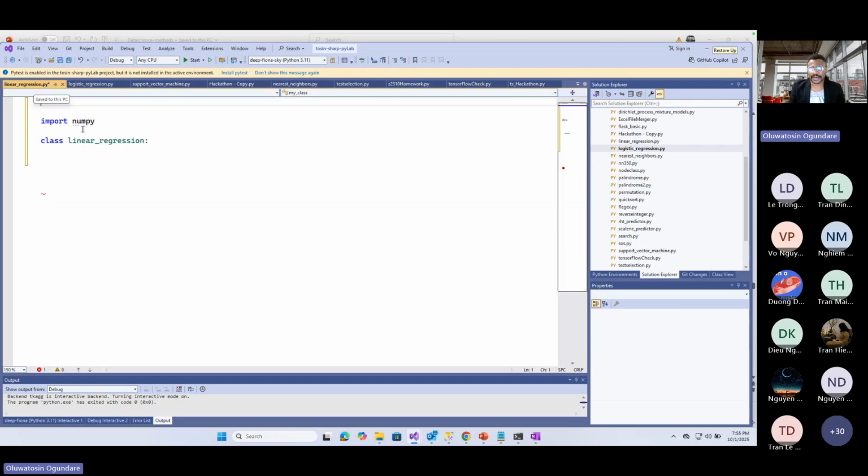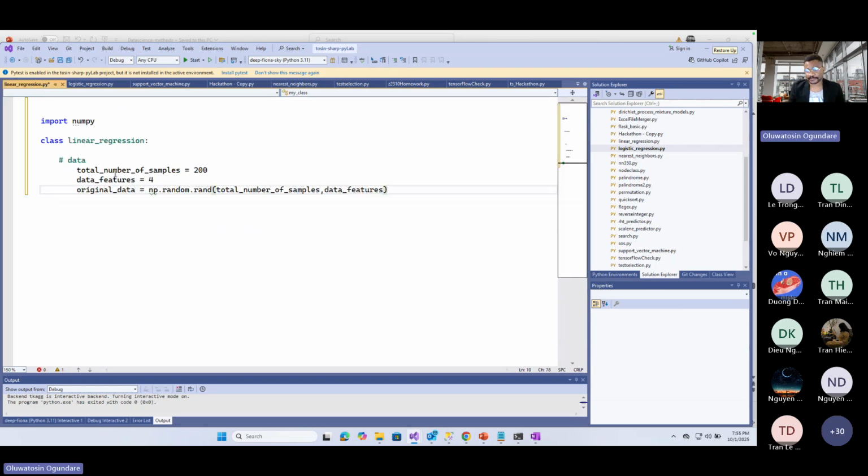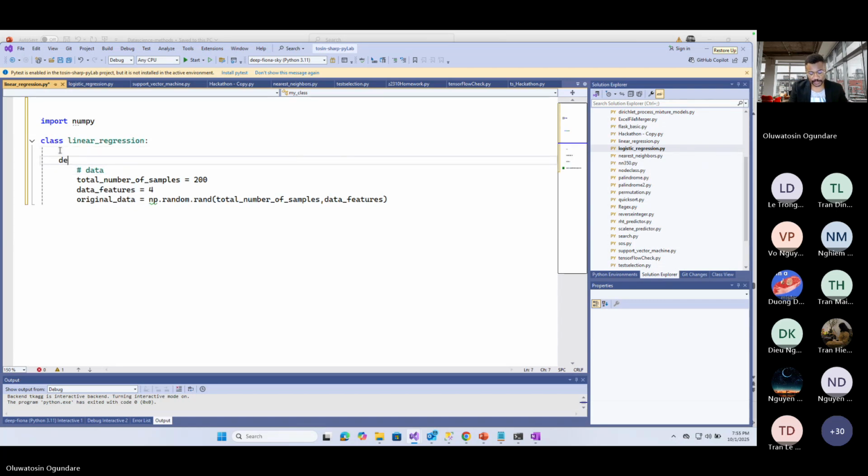So not to waste time, I will just copy that and find a function called run. All right, so this should be working.